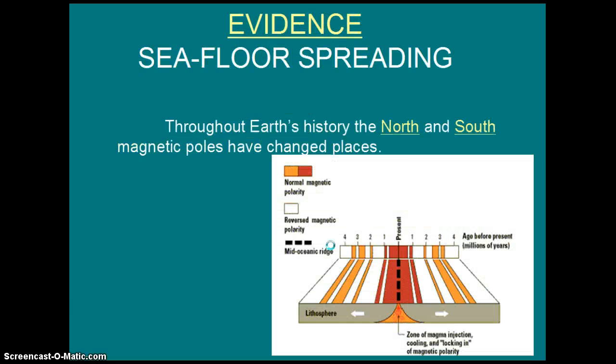Now, there's a piece of evidence on seafloor spreading. Our poles, our North Pole and our South Pole, are magnetic. And every so often, every many thousands of years, the magnetic field of these poles change places. And we call this magnetic reversal.